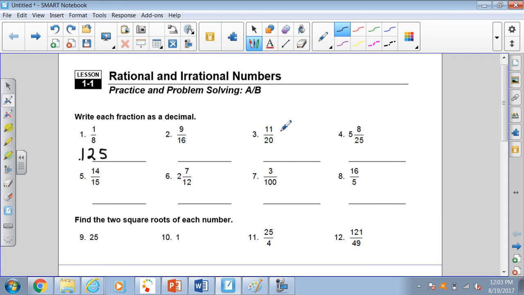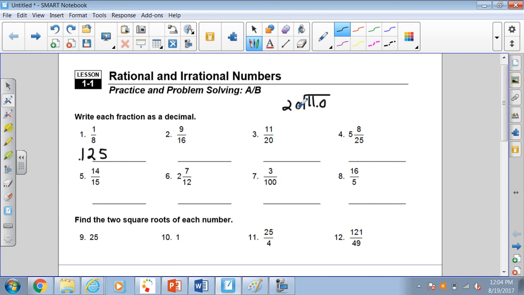Number 3 says 11/20. So that's going to be 11 divided by 20. And we'll work this one out as well. 11 divided by 20. And if I do that, I realize I can't put 20 into 11, so I have to put a 0 at the end of there.